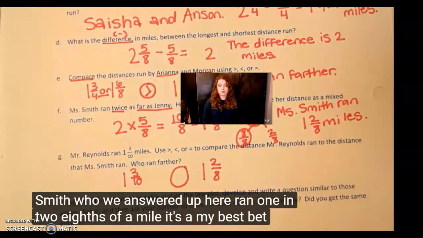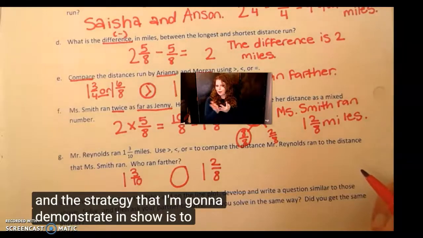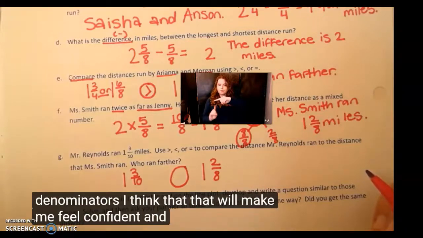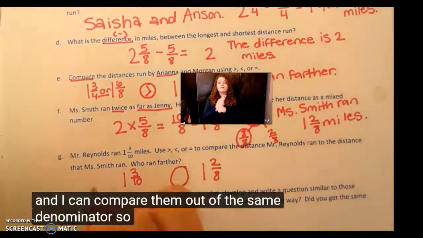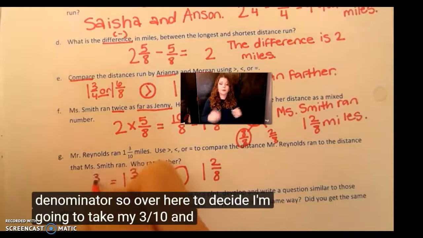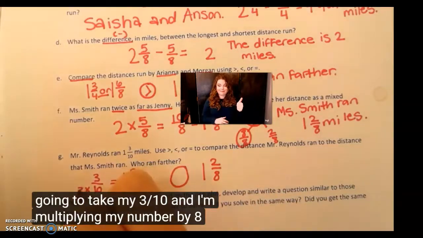And so my best bet and the strategy that I'm going to demonstrate and show is to use common denominators. I think that that will make me feel confident in getting my answer, and I can compare them out of the same denominator. So over here to the side, I'm going to take my 3/10 and I'm multiplying my number by 8.